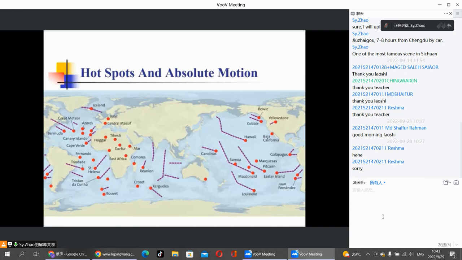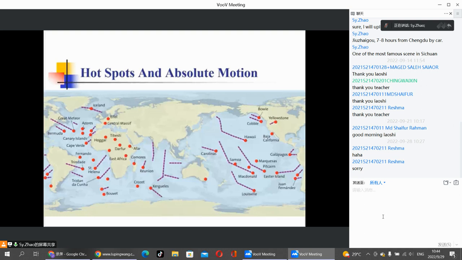Okay, I will continue. In spite of their numbers, hotspots really play an important role in the convection system of the Earth's mantle, and are responsible for about 5 to 10% of the melt and energy emitted by the Earth.